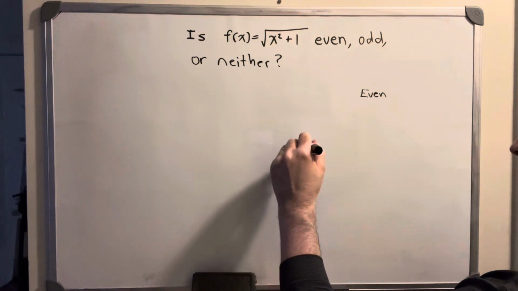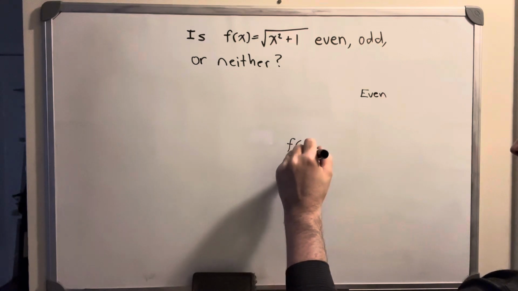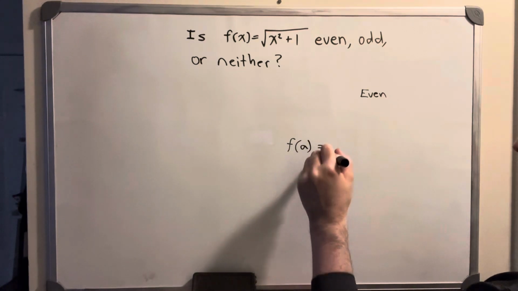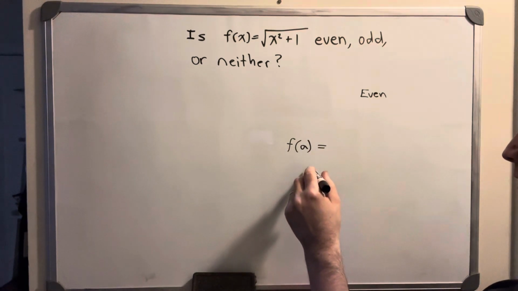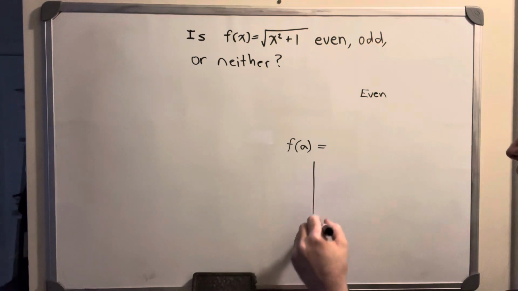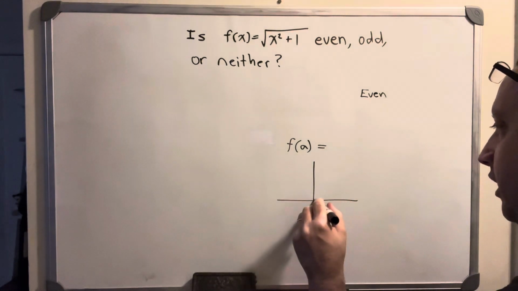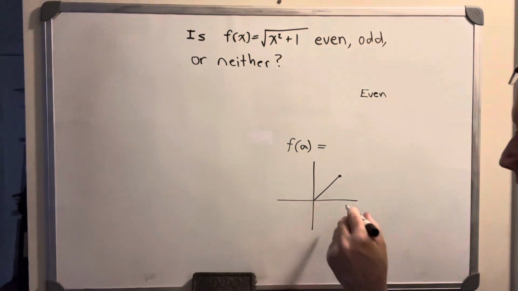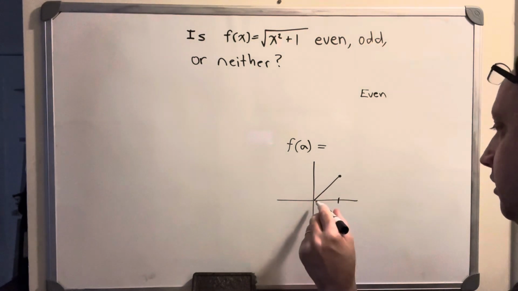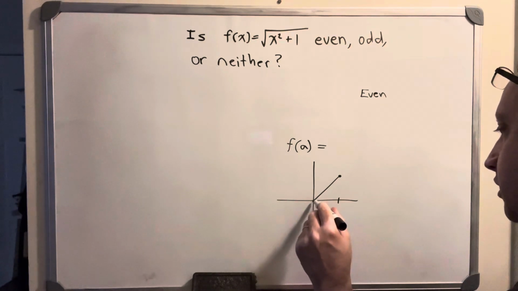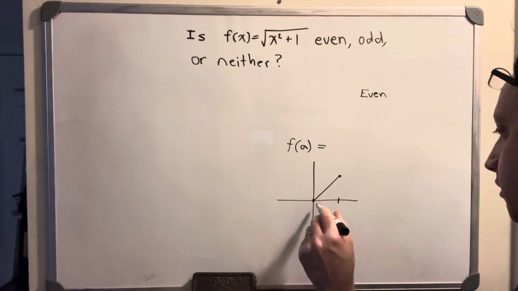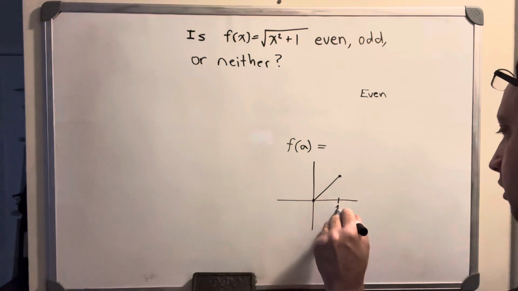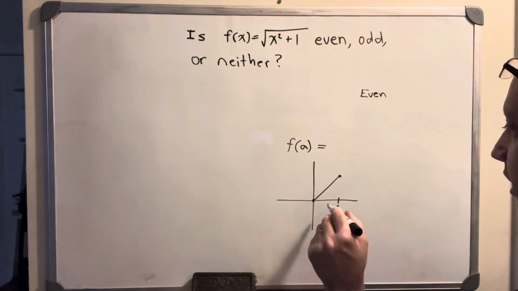So let's say I drew this function. This function is just defined on the closed interval from 0 to 1.